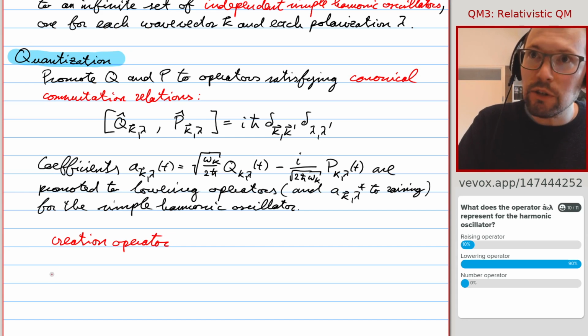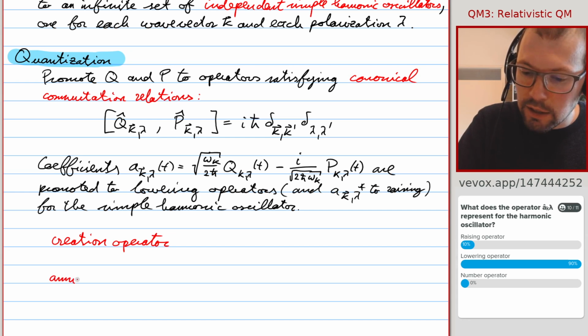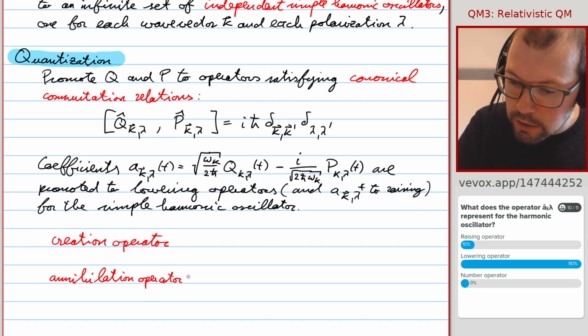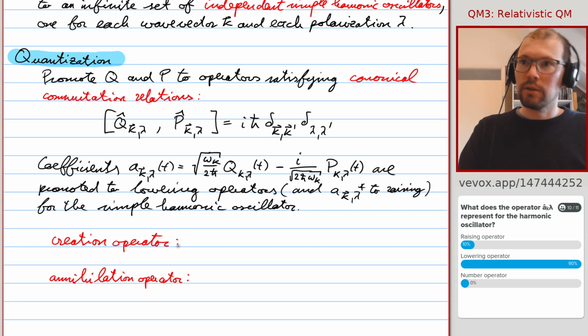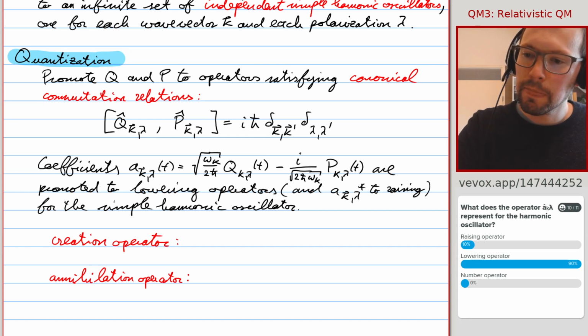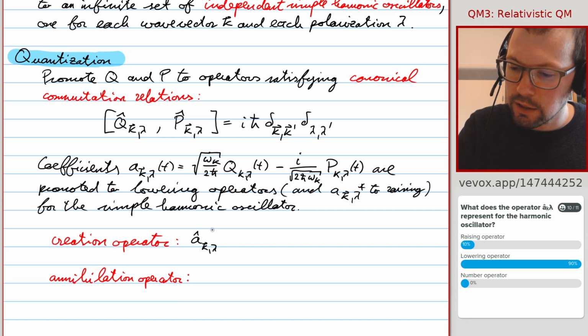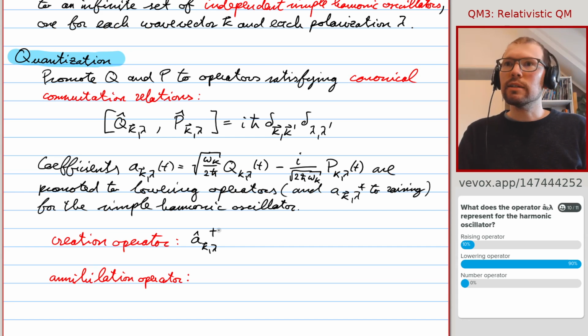So you have the creation operator and then the annihilation operator. So this is a dagger.